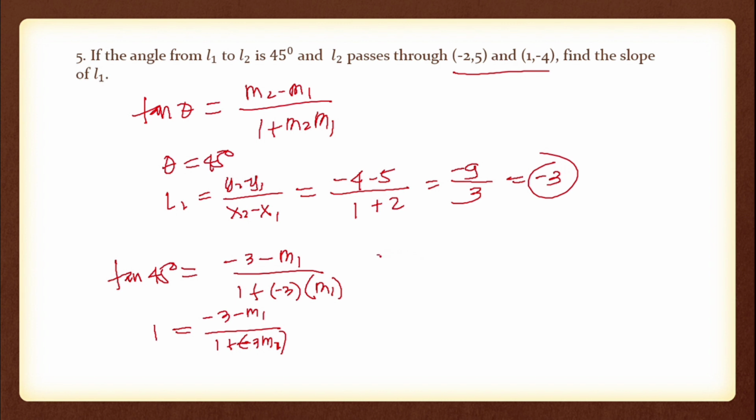The result of this one is -3 minus m1 is equal to 1 minus negative 3m1.